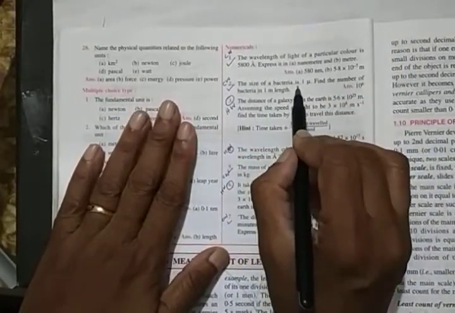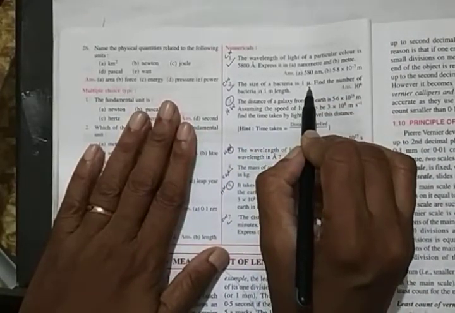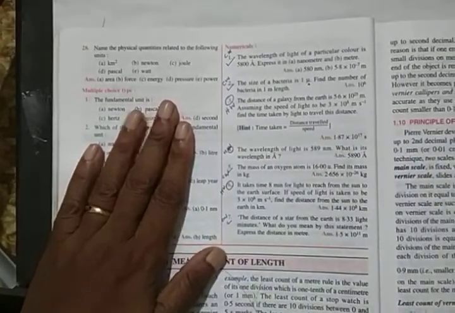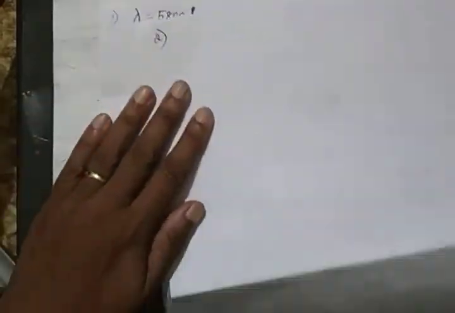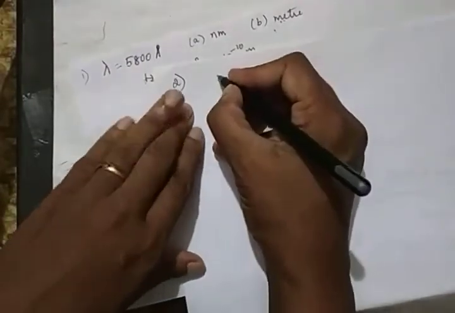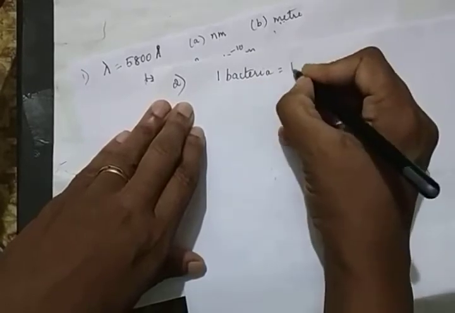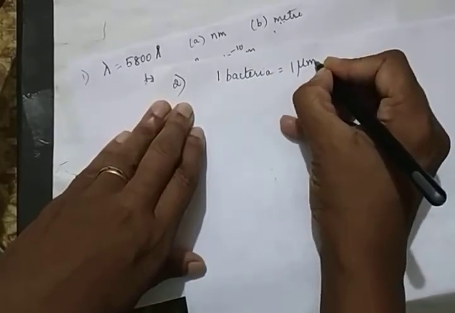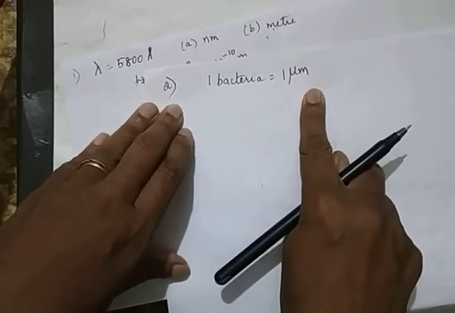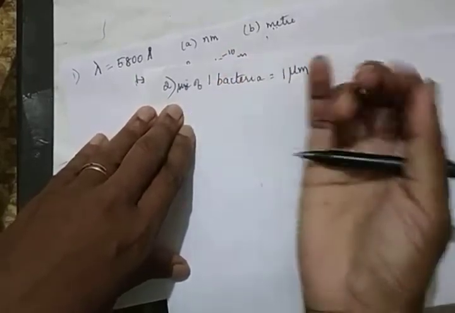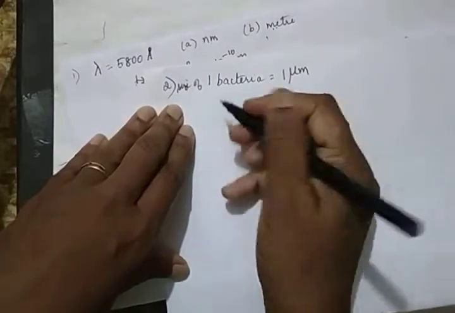Second one, size of a bacteria is 1 micron. This is micron, a micrometer. Find the number of bacteria in 1 meter length. So they are saying one bacteria size is 1 micrometer. You write it as micrometer, that's better. That is very, very small.